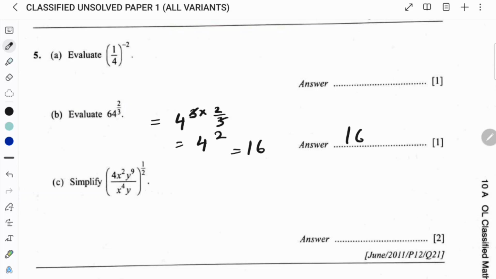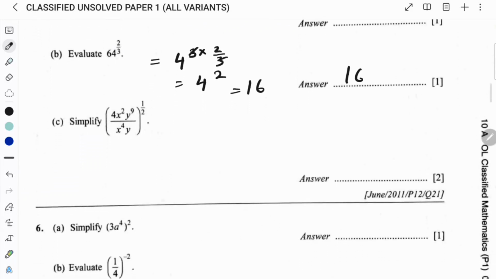Now, in this question, first simplify and then find your answer. So that is 4x to the power 2 minus 4, and actually we can write it in the denominator, because the denominator has the greater power. x squared will remain and y to the power 8. First simplify if possible.